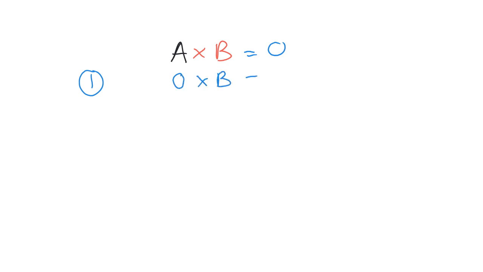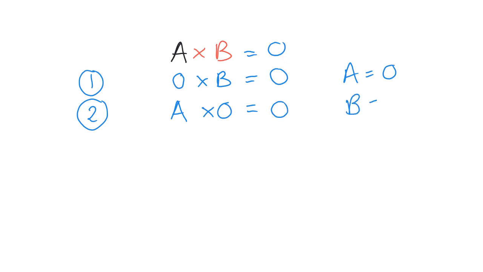Or in other words, A equals 0, because we have to have 0 times B equals 0. For the answer to be 0, one of them has to be 0. Or we could have A times 0, and the answer would still give us 0. So B is 0. It's the only way we can get the solution here to be 0. One of the two elements, the A or the B, has to be 0.